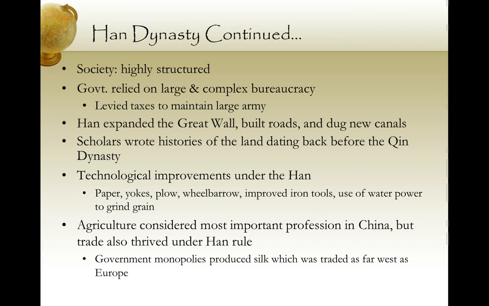The Han dynasty is successful because we've got a very highly structured society, right? So we've got these Confucian relationships that we can be reliant on. The government relies also on the use of scholar officials. So Confucian ideals were part of the everyday functioning of the government, to the point where people would take civil service exams, testing their ability to function as a government servant, to serve the people, to be well educated.